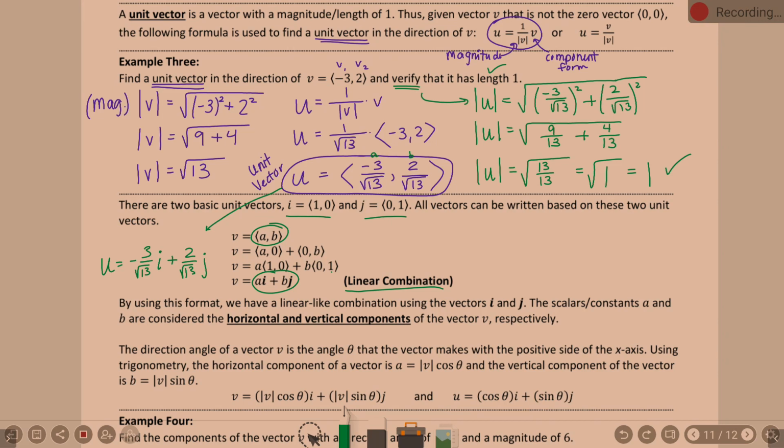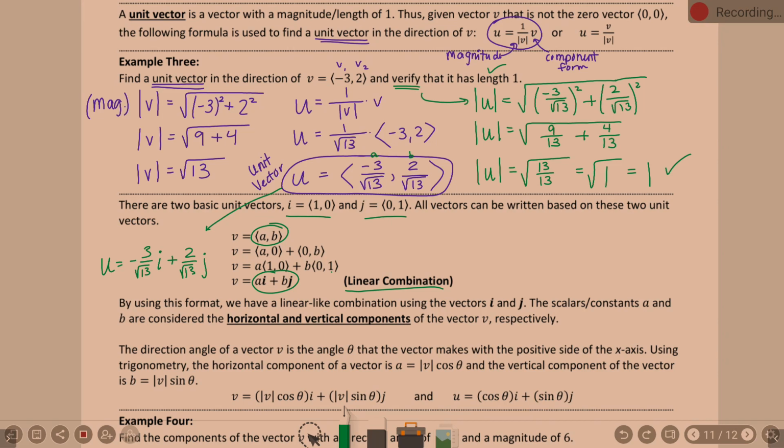Keep in mind, that's the horizontal component. Folks, in an ordered pair, what comes first when we were just on the unit circle? Cosine. It was cosine, sine. So the horizontal component is the absolute value of v times cosine theta. And the vertical component, b, is the absolute value of v times sine theta.